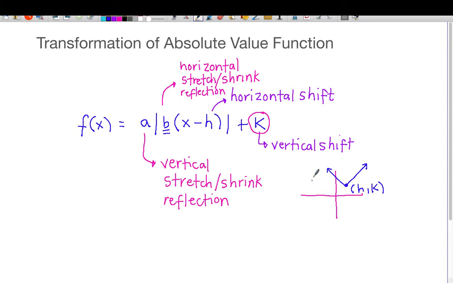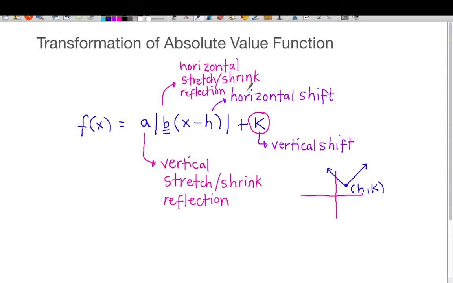So this represents the horizontal reflection. While this a represents the vertical stretch or shrink, and if the sign is also negative, this will have the effect of reflecting the graph across the x-axis.